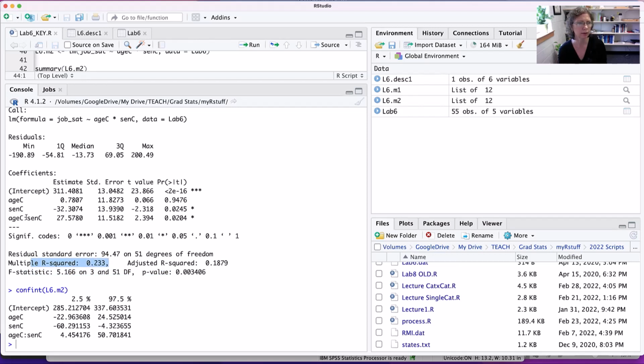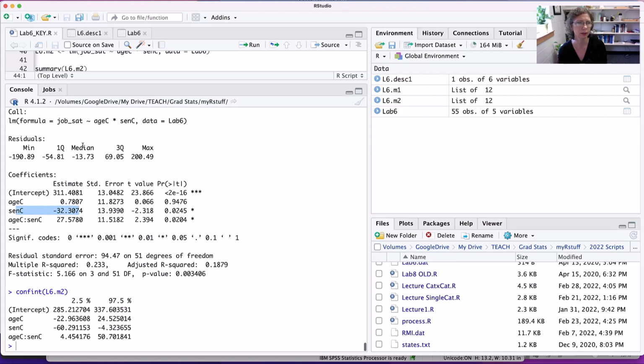And even though I only put the multiply, it still gave me the main effects for HC and senC. So I didn't have to put HC plus senC plus HC times senC. I could, it still would be the same output. But all I had to do was put the multiply and it put the main effect terms in there anyway.